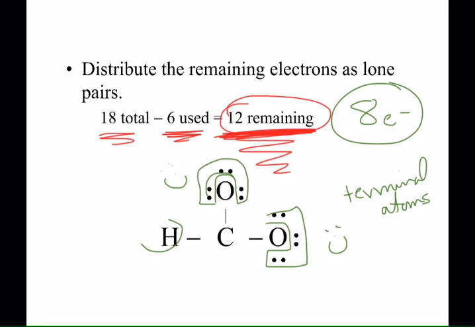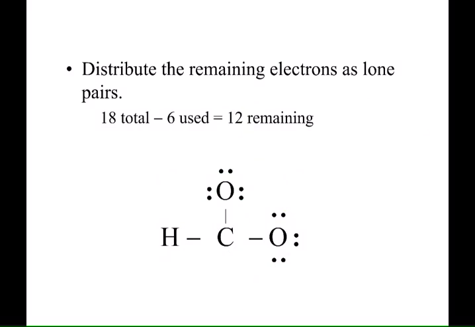Now, how many electrons does the carbon have around it? Well, right now, if I'm counting, this is 2, 4, 6. The carbon only has 6 electrons. It doesn't have 8 yet. So this last step to drawing a Lewis structure, if your central atom does not have 8 electrons, what you need to do is to swing electrons in.